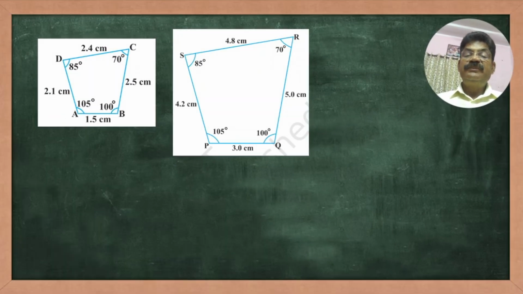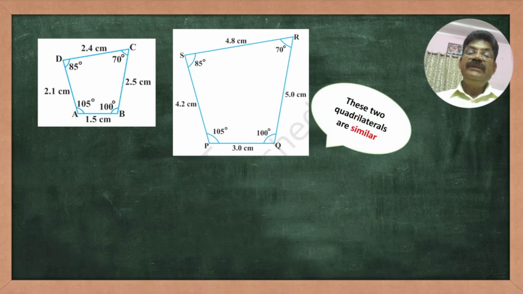What is PQ? The corresponding side is 3 centimeter. What is the ratio? 1.5 divided by 3 is equal to 1 by 2. Now look at BC, it is 2.5 centimeter. The corresponding side QR is 5 centimeter. So 2.5 divided by 5 is 1 by 2. Similarly, you can check all the sides are in proportion. Therefore, what you can say? These two quadrilaterals are similar.